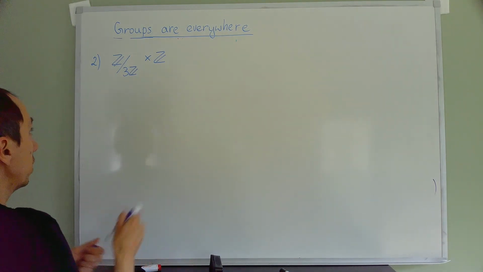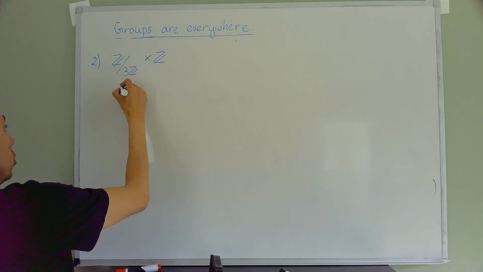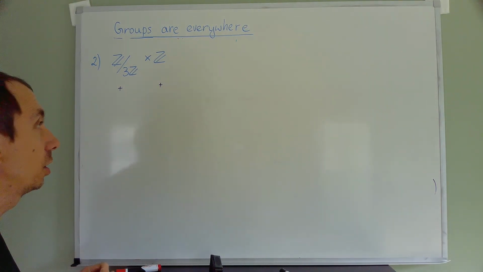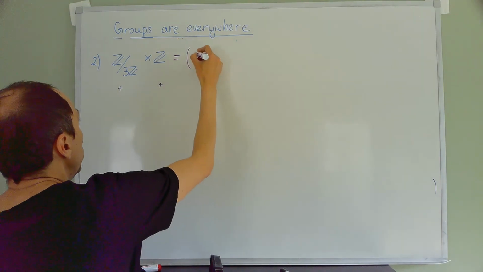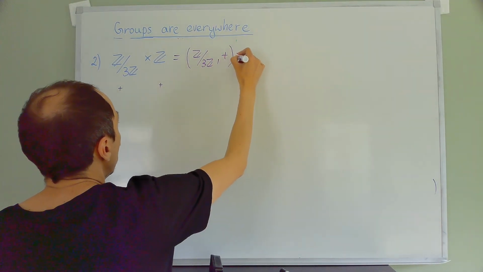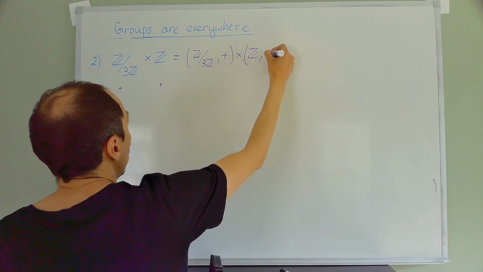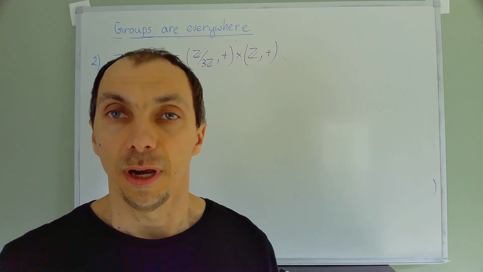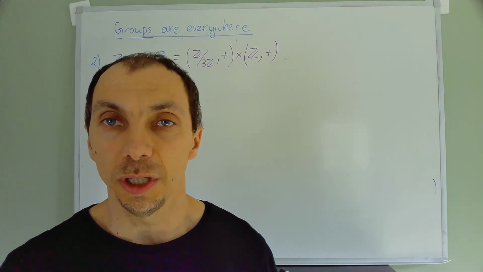So I mean addition: this is addition of congruence classes, and this is addition of integers. So to be completely precise, I should have written this, but a lot of things in algebra are just done by understanding what things mean from the context.